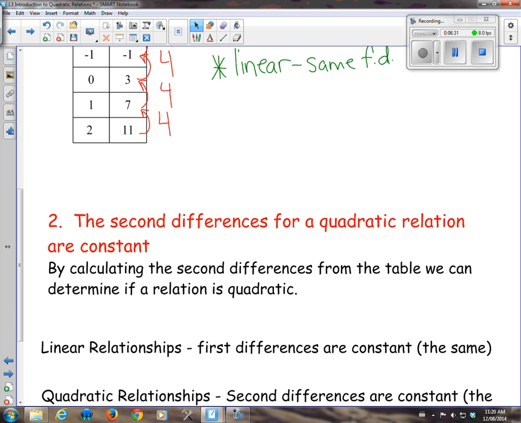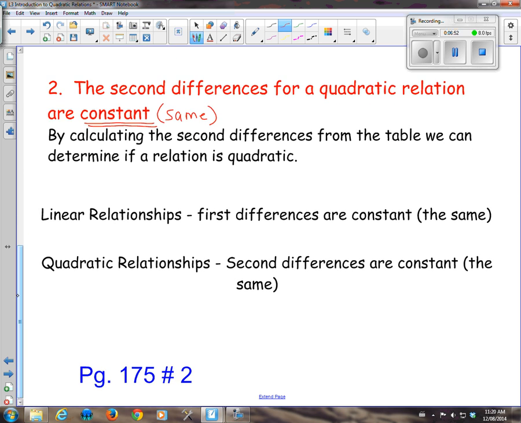A quadratic is a parabola shape, a linear is a line. We can tell by the differences. The second differences for a quadratic are the same. Fancy word to say the same is constant. If you want to stop the video now and do page 175, number 2, you may do that.